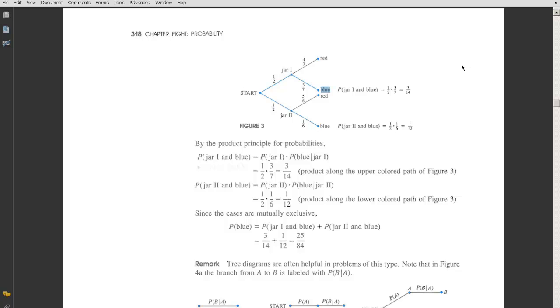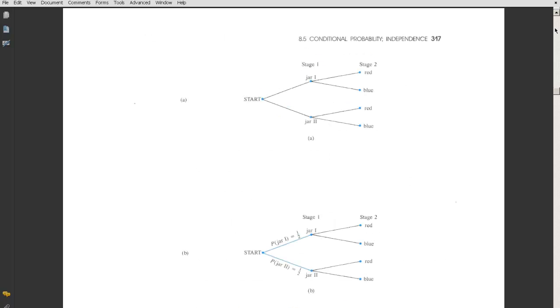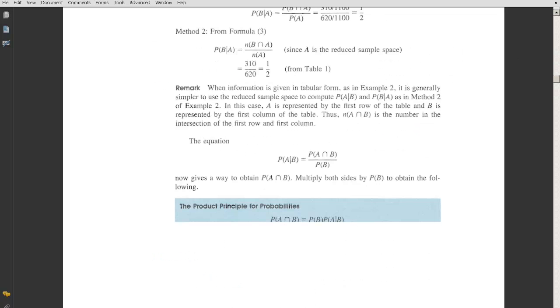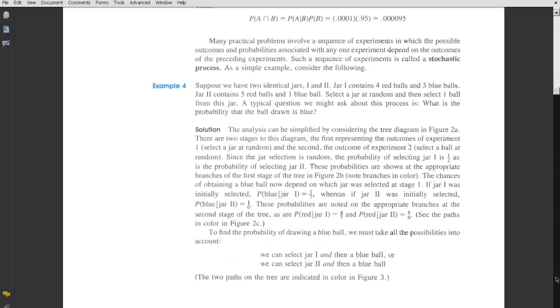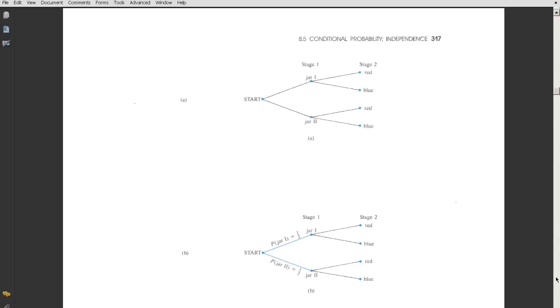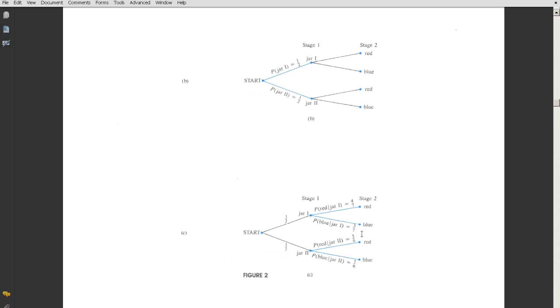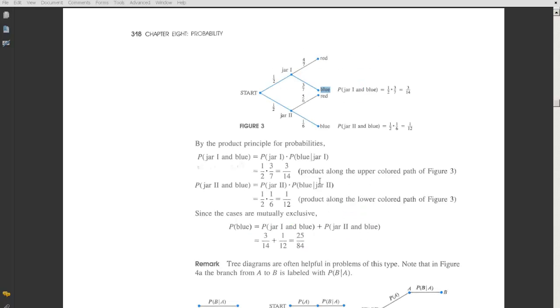The and, remember, is intersection, and intersection is the probability of B times the probability of A given B. Sorry, I made a mistake.